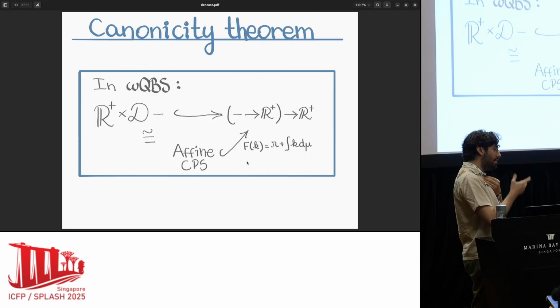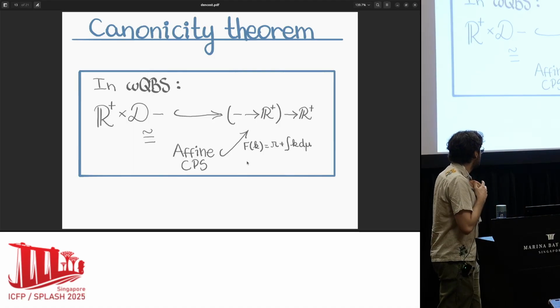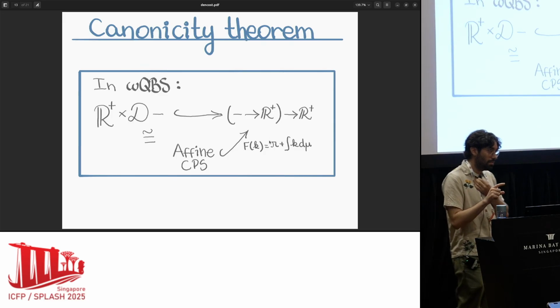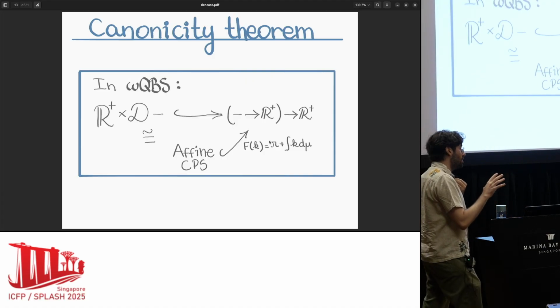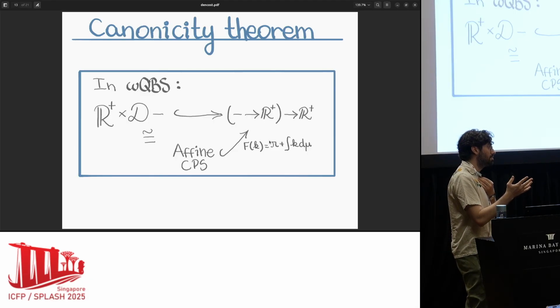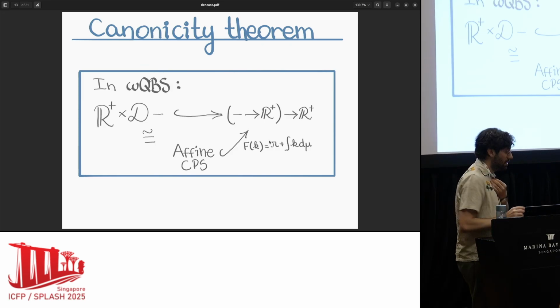And of course, I mean affine in the algebraic sense, not in the PL sense, though they are very much related. But it just means that the continuation can be written as a sum of a constant plus a linear operator. So the idea being that it's the cost plus the probabilistic aspect of the semantics.